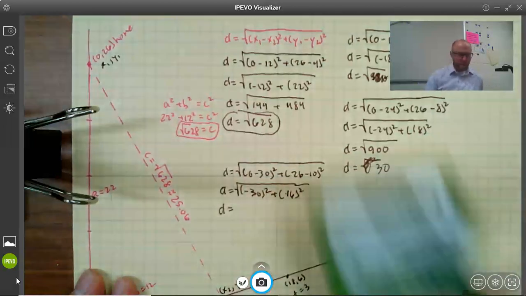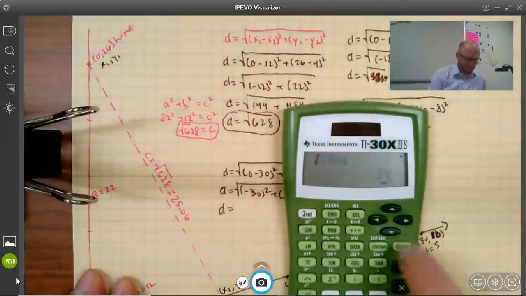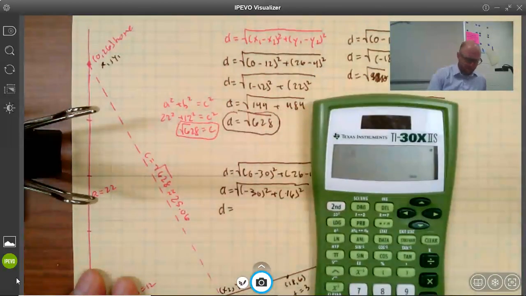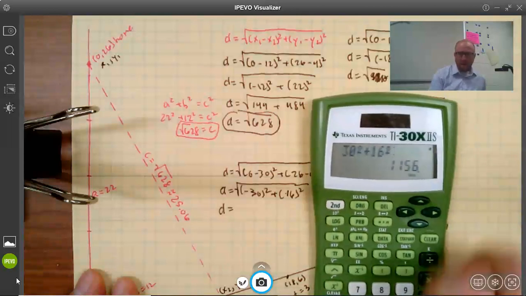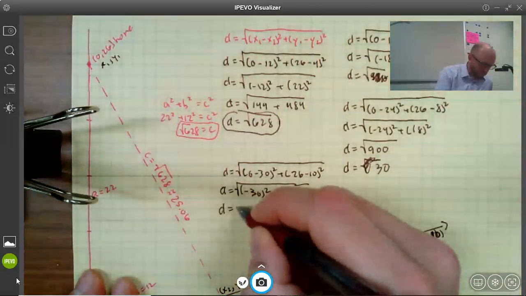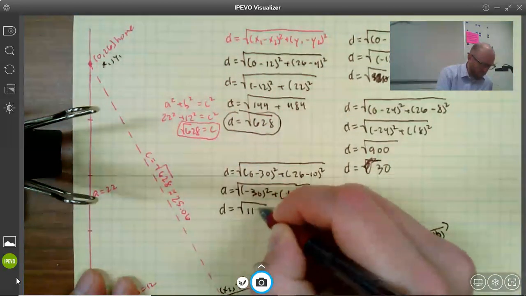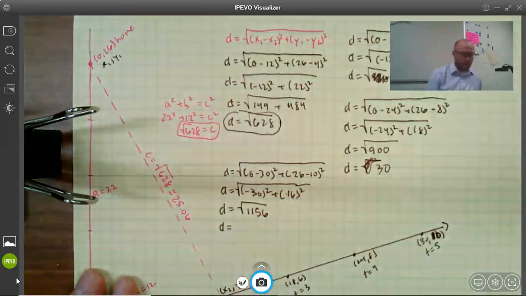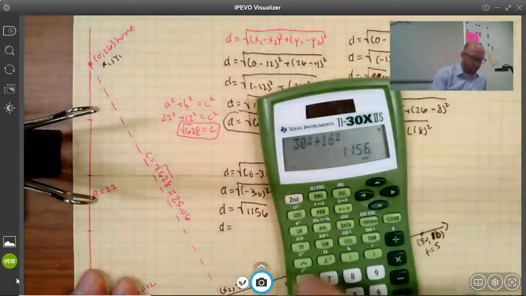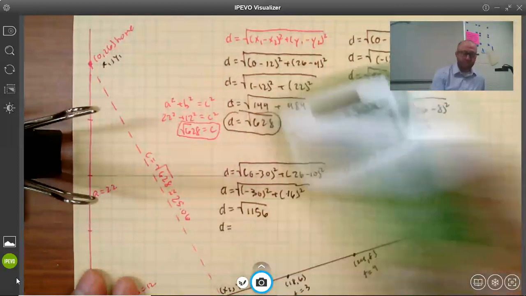And let's get our calculator out here. We have 30 squared plus 16 squared is 1156. So square root of 1156. And D equals, just to take the square root of that, because it is a whole number, 34.